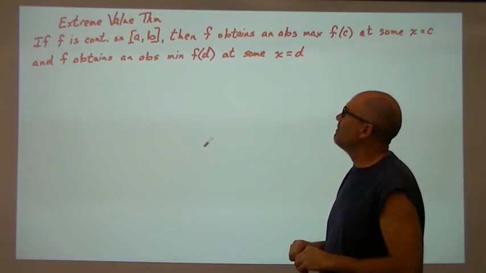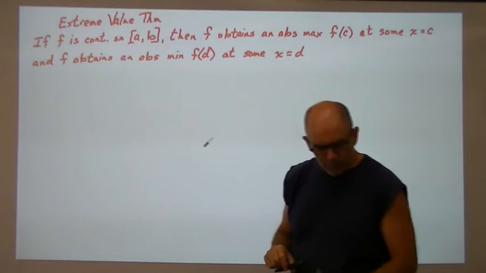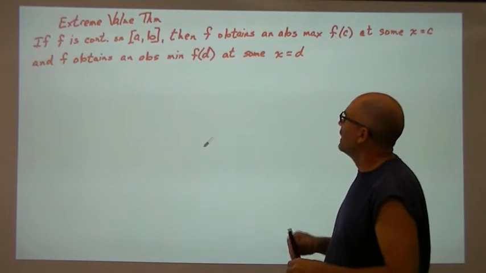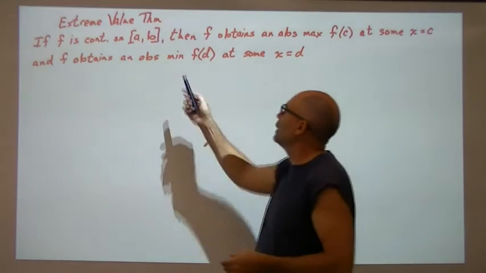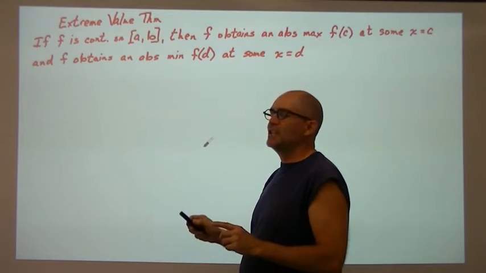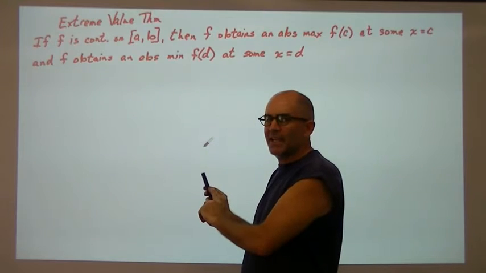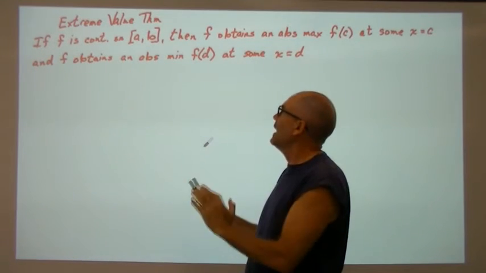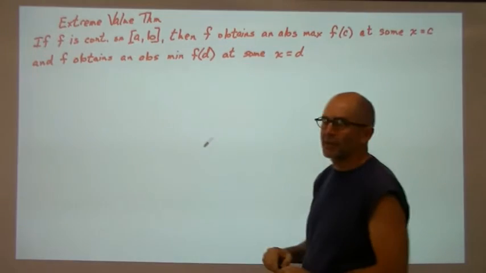Now, the extreme value theorem. This states that if f is continuous on some closed interval [a, b], which means f is continuous from a to b, including a and including b. And remember, a and b are x values.